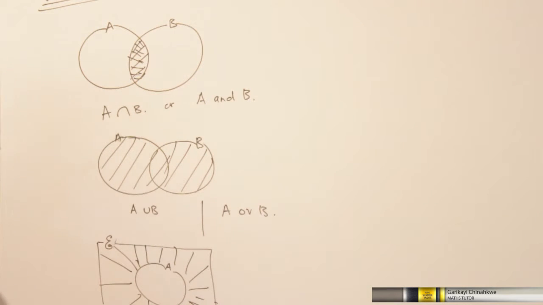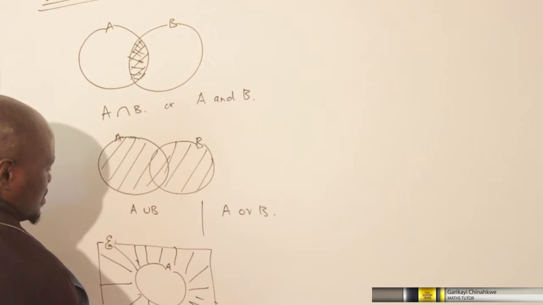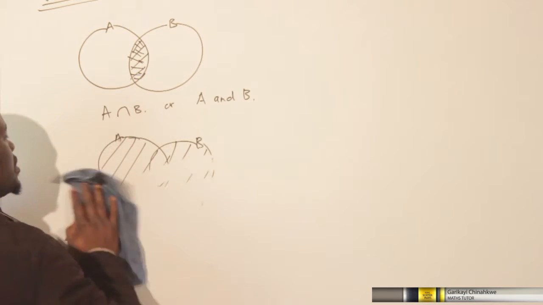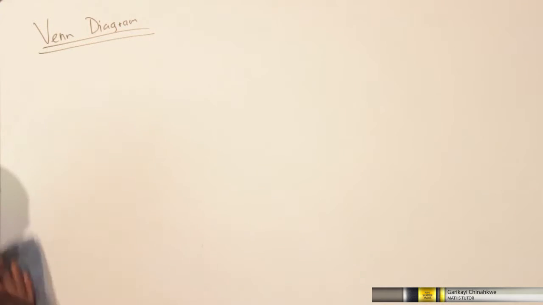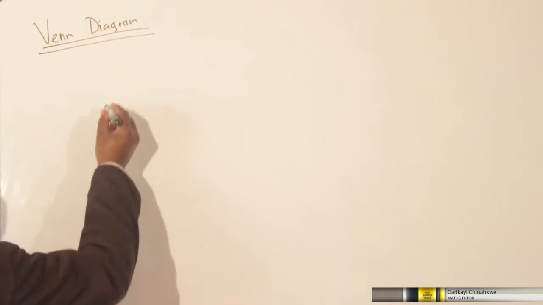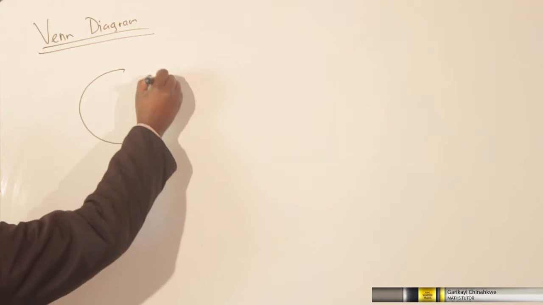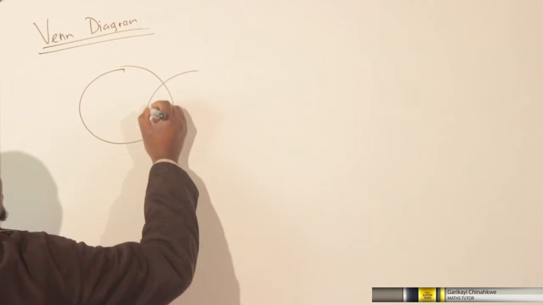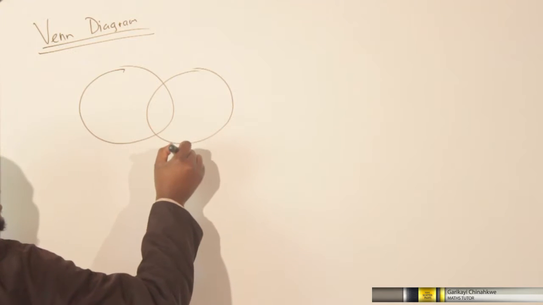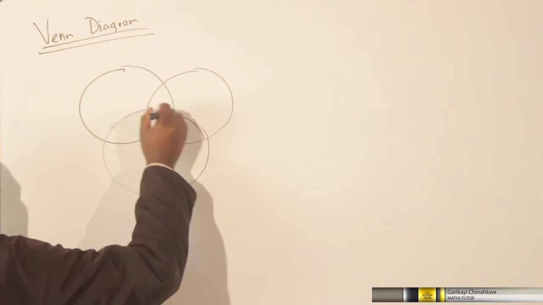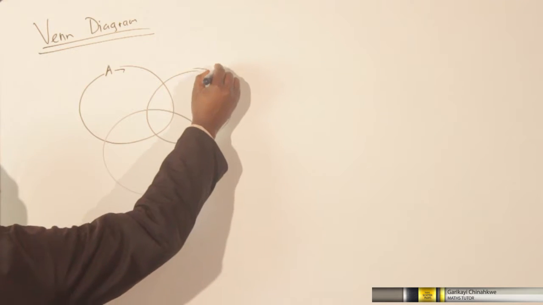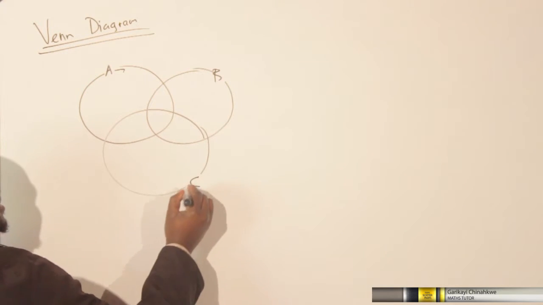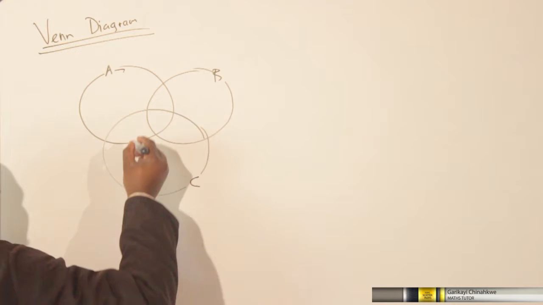Sometimes you'll be given something like this as well. They'll give you 3 events, and this is event A, this is event B, this is event C. Okay, let's start with this one.